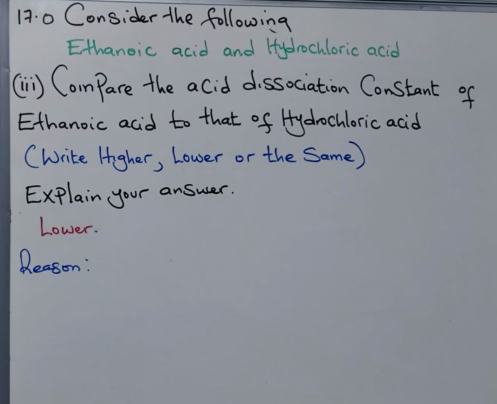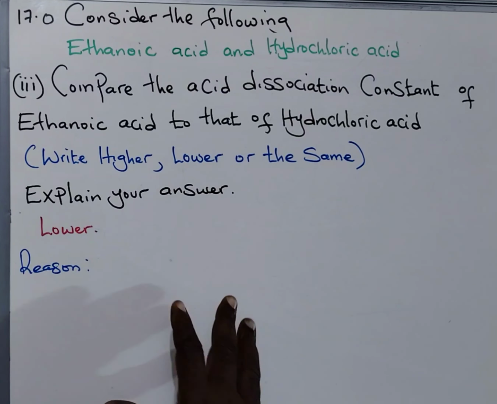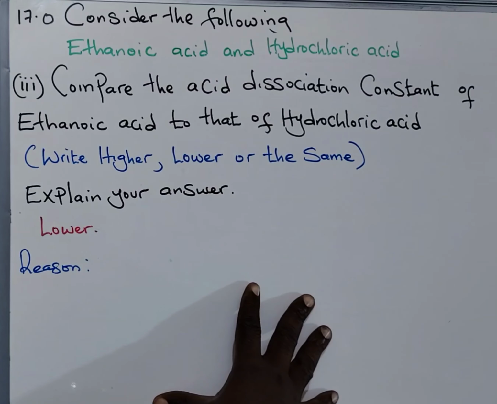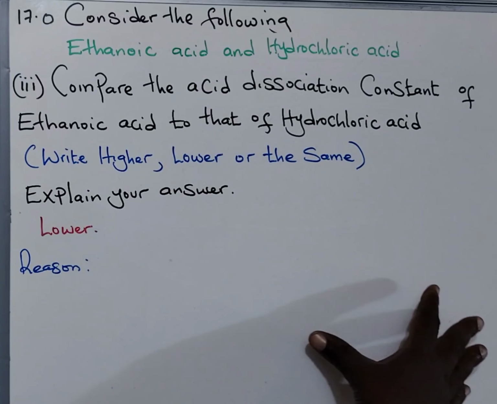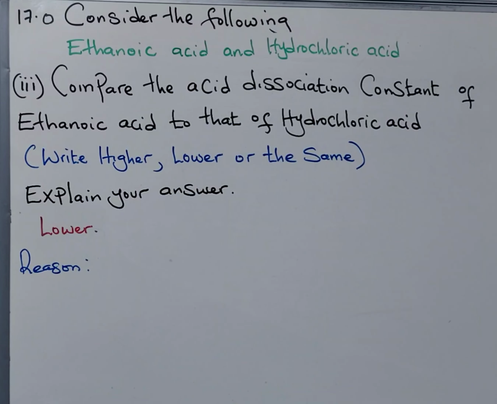The reason is that ethanoic acid is incompletely ionized. It's a weak acid, whereas hydrochloric acid is a strong acid which is completely ionized. So that means that the Ka, or acid dissociation constant, for ethanoic acid is lower because it's partially ionized compared to HCl, which is completely ionized.